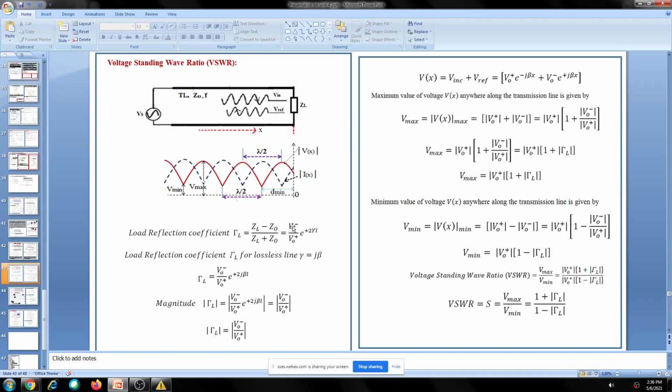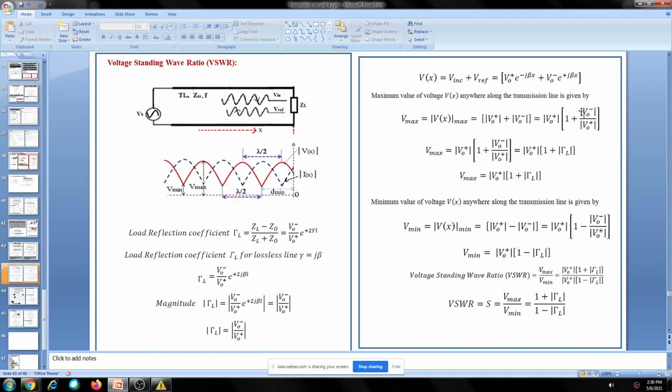Take only the magnitude of this. The magnitude of Γ_L is given by this equation. What is the magnitude of Γ_L? This is the phase part here, and the magnitude is only this. So V naught minus divided by V naught plus is the magnitude of Γ_L. So in this V maximum, what we have is V naught minus divided by V naught plus.